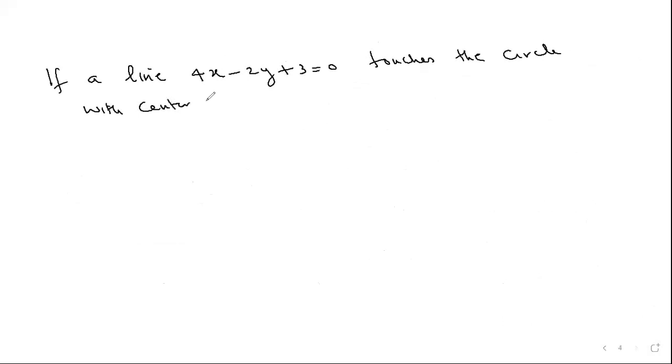If a line 4x minus 2y plus 3 equal to 0 touches the circle with center at (1, minus 1), then find the radius of the circle.